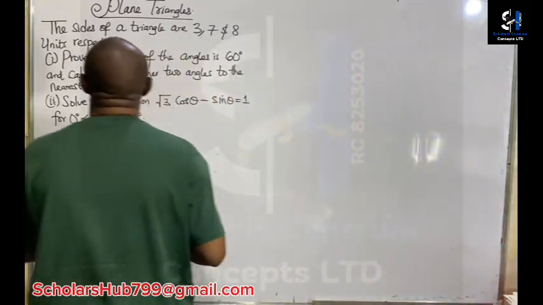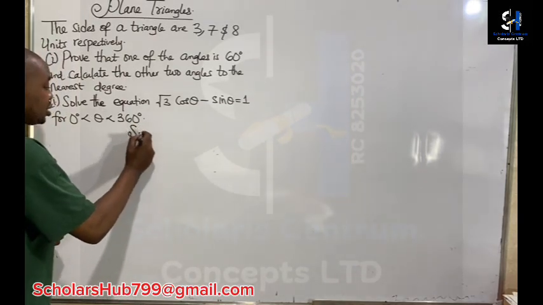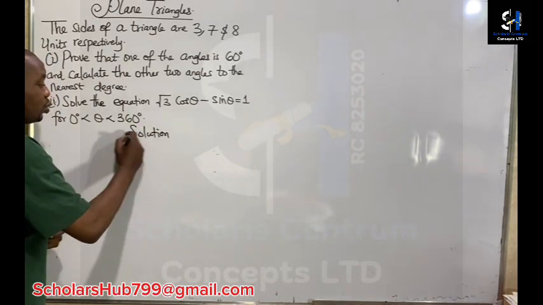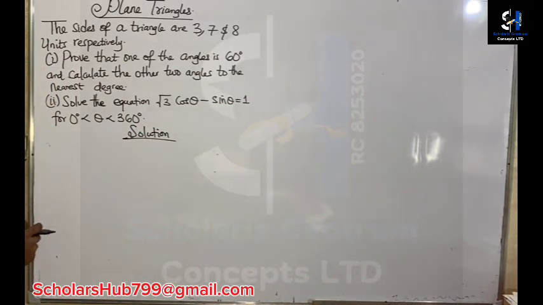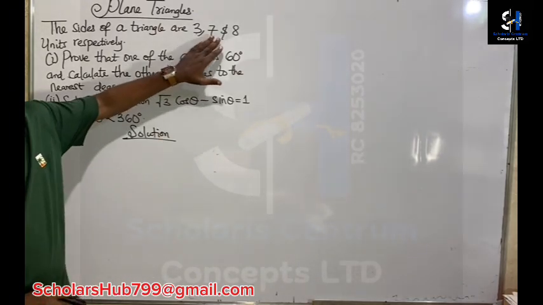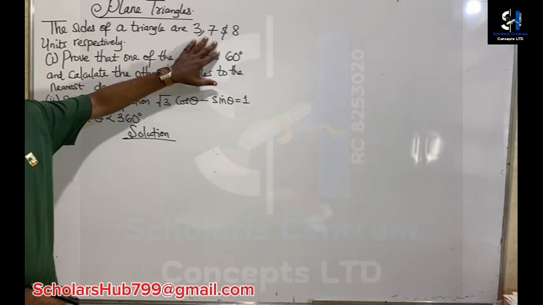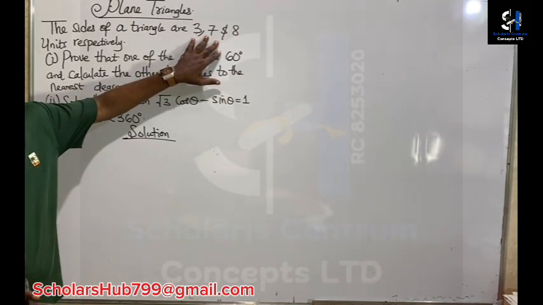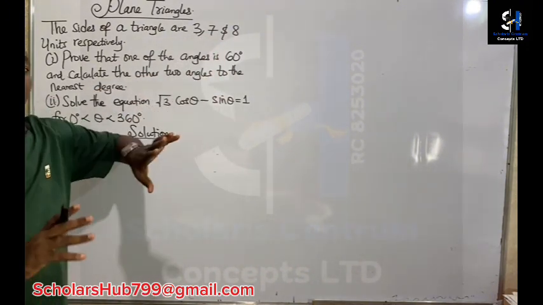So first, we need to analyze the problem. To analyze the problem, let's first draw the triangle. The triangle will be a scalene triangle, because in this case the side lengths are not equal.